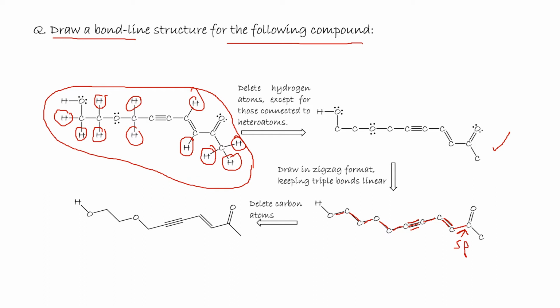Then again, you have to draw it trigonal planar. You have done so? Now, once you reach this, take the carbon out. Now you have the right geometry and everything is correct. All right?